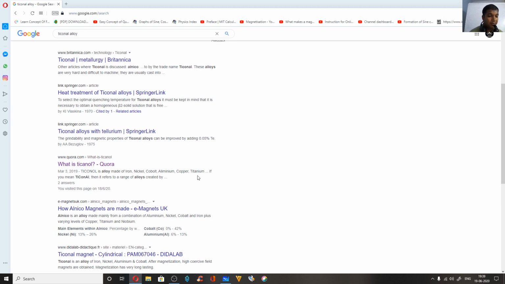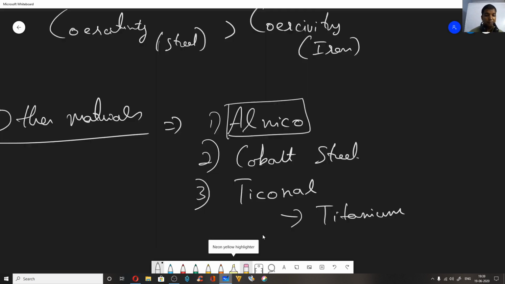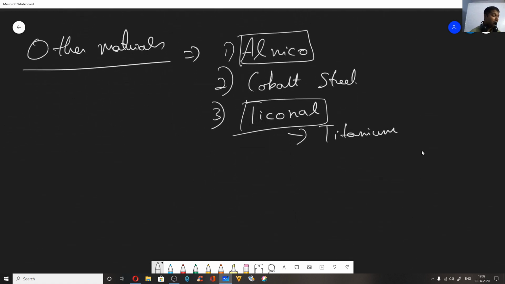So just know this, all right. These are the three examples for hard ferromagnets, or the materials you can use for manufacturing permanent magnets.